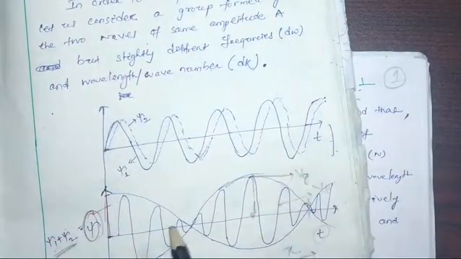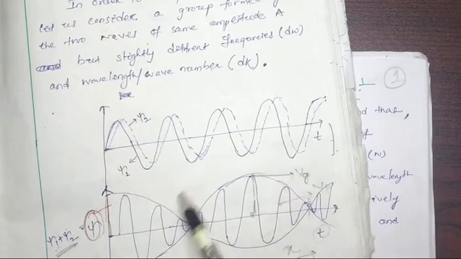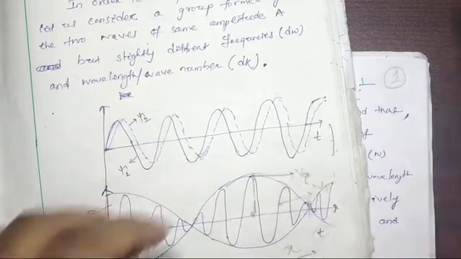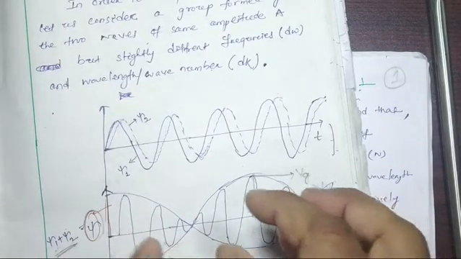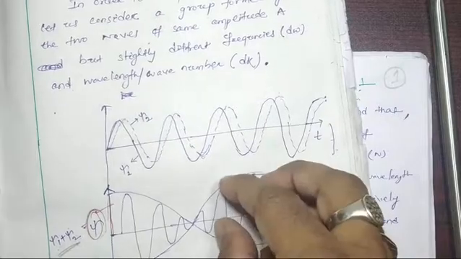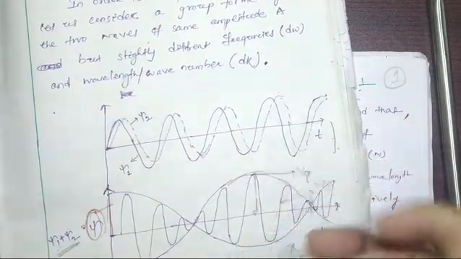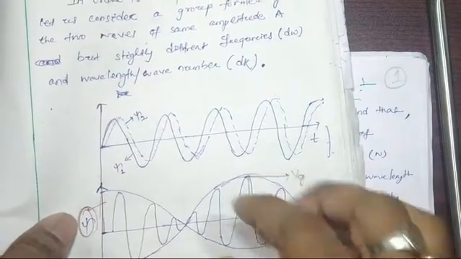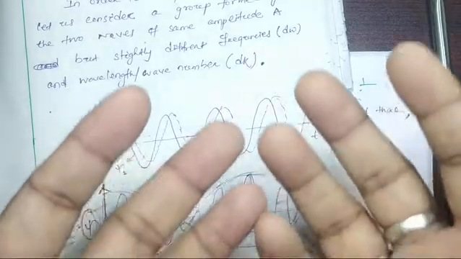Here we can imagine that this is one type of portion in space where we can see that something is moving. This is nothing but the packet of waves superimposed constructively by different waves. So this can be considered as a particle.